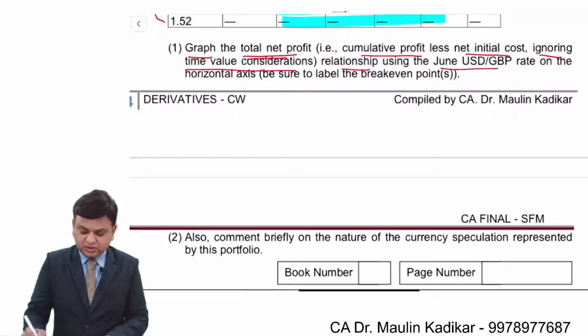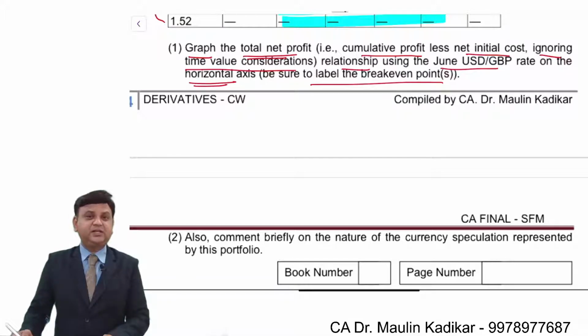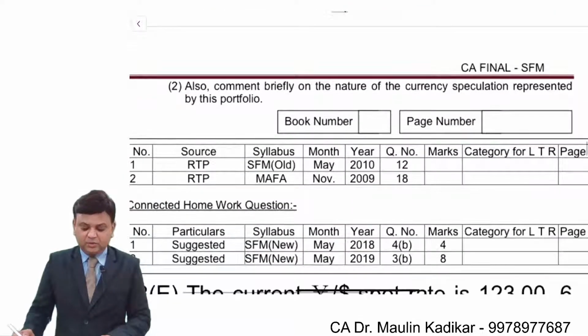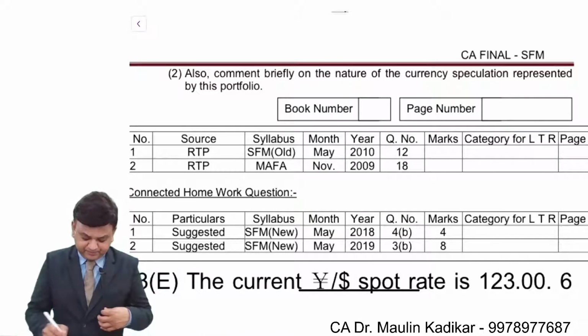Relationship using the June dollar per pound rate on the horizontal axis, be sure to label the break even point. So the question further says that you are required to draw the diagram, and on the x-axis you will take the spot exchange rate, and further you are required to show the break even point or points, because there is a possibility that there may be more than one break even point.